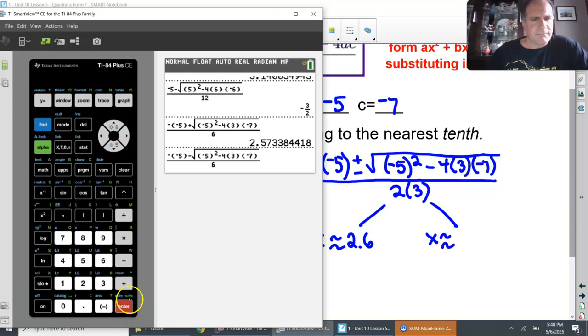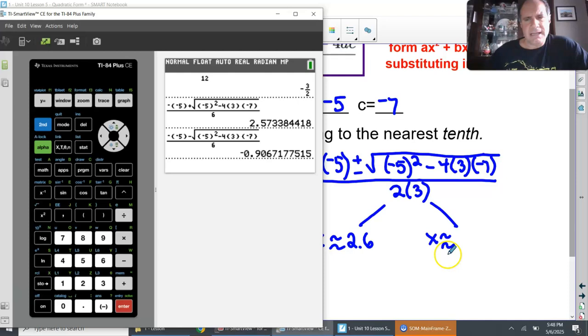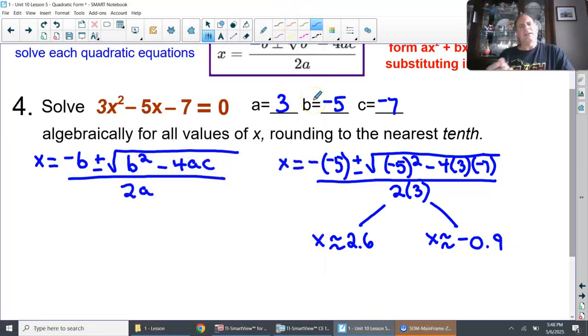Just seeing if I got that right. It is negative 0.9. And that is rounded to the nearest tenth.